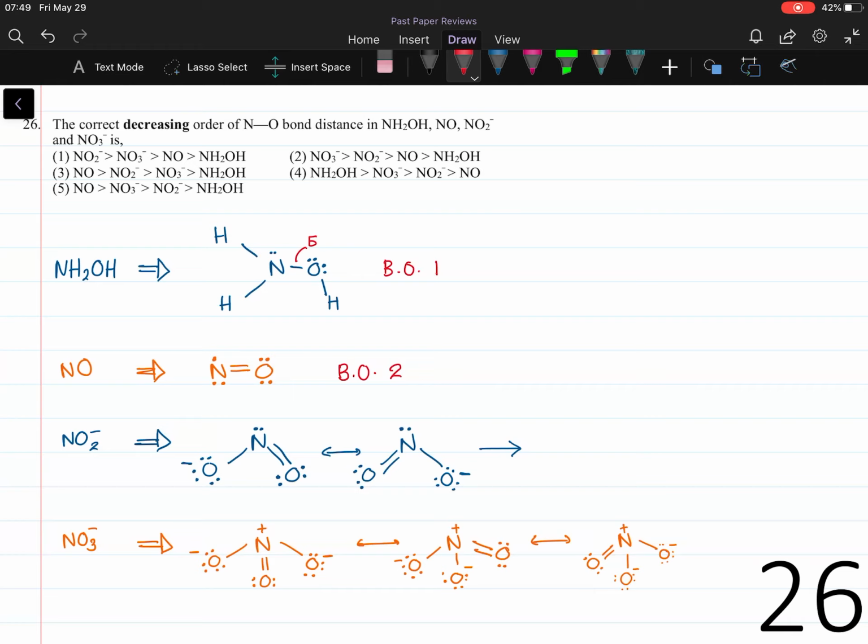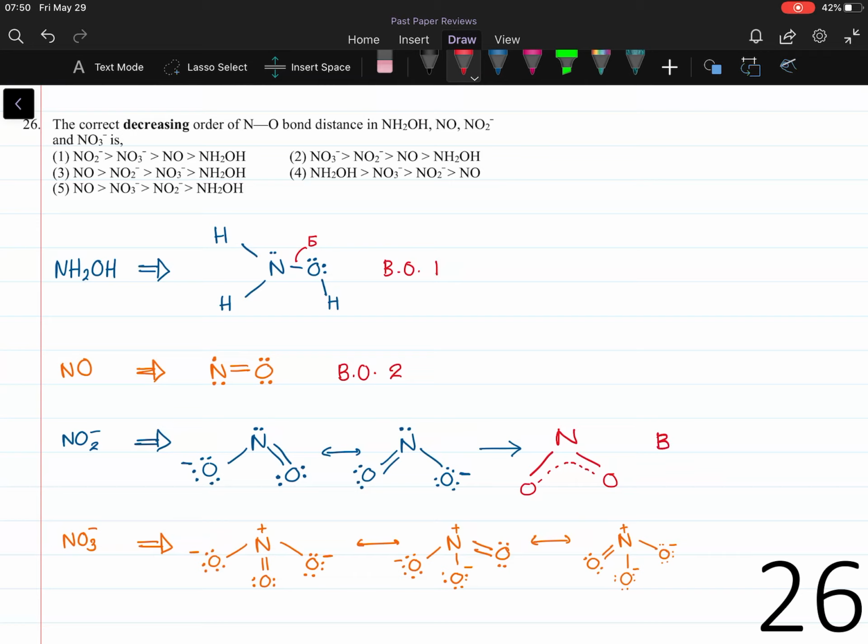In nitrite ion, there is one double bond between N and O, and there is another sigma bond between N and the other O. Therefore, that double bond, when the resonance structures are drawn, is spread through the 2 bonds.